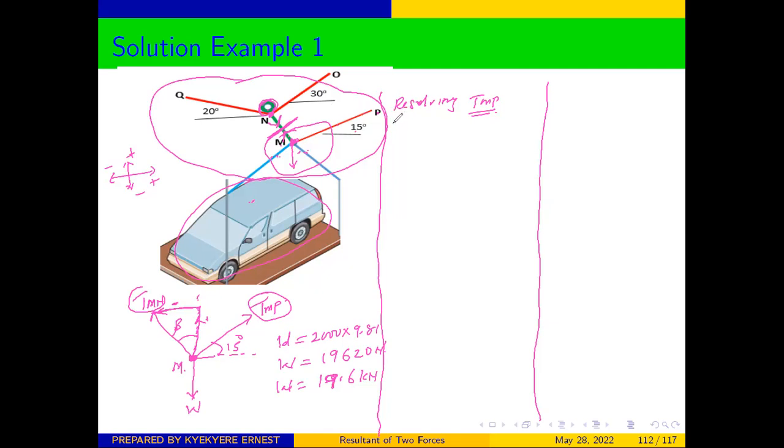So from here, our X component is going to be Fx equals TMP cos. You can see that the angle beta is facing this X component. Sorry, what we are doing is for TMN, not TMP.